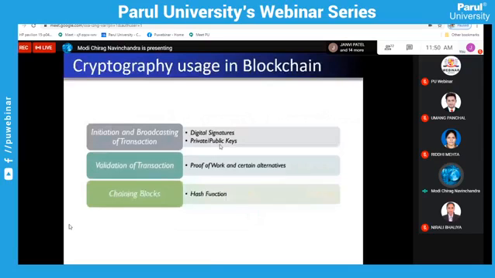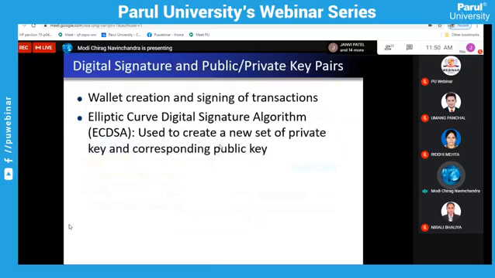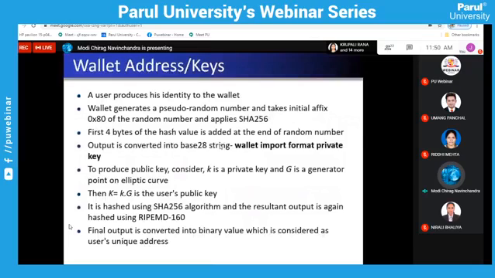So these blocks are chained logically through the hash function. Now we'll see the digital signature and public-private key pair. These pairs are used to create the wallet and sign the transaction. Consider Bitcoin: first of all, when I'm installing my wallet, I will provide my identity to the wallet. But as you see in normal net banking, when you are performing a transaction, your original identity is not revealed.